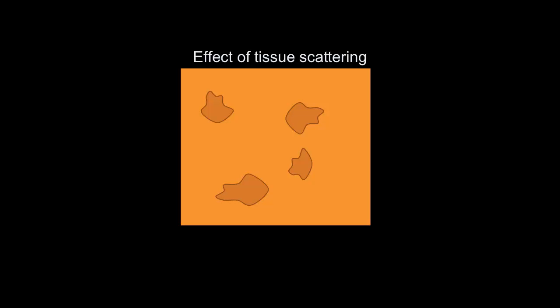Another thing I wanted to talk about was the scattering effect on linear fluorescence as opposed to nonlinear processes. And for that, we need to be clear about the effect of scattering in general.